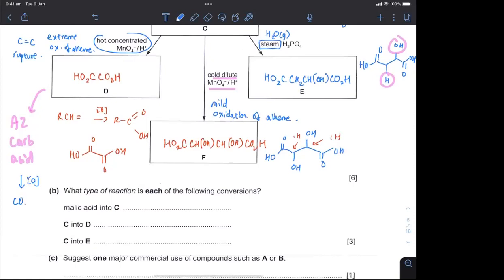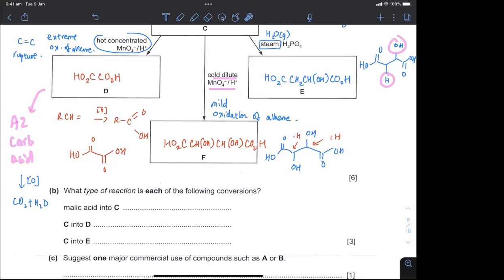It will be further oxidized to become CO2 and H2O. But these are not organic because there's no hydrogen in there. So I stop here, not because this is the final product. I stop here because the question specifies for organic product. Okay, but in reality, if this is asked in A2, you will know from your syllabus under carboxylic acid, they said that this is further oxidized to carbon dioxide and water in the presence of this extreme condition there.